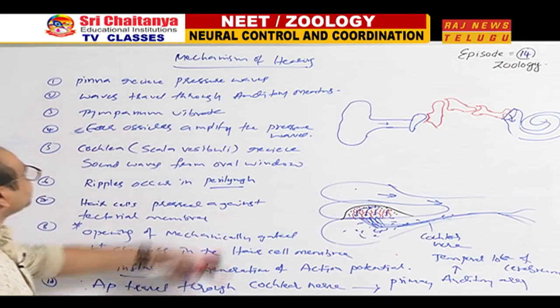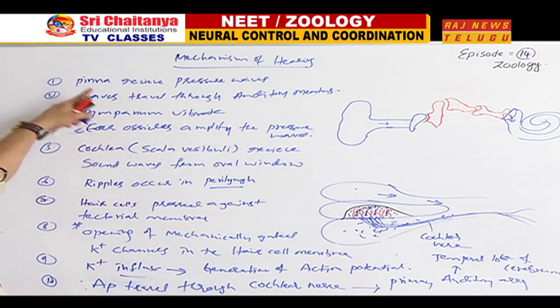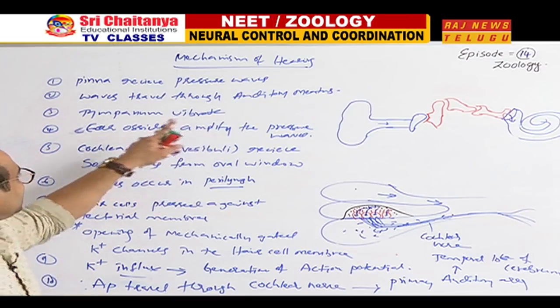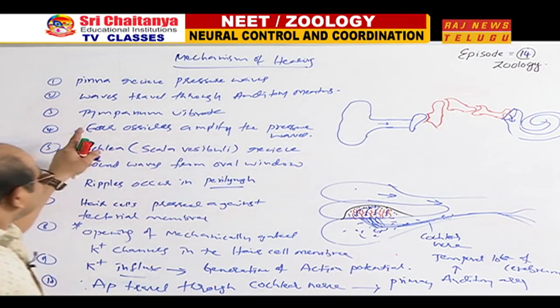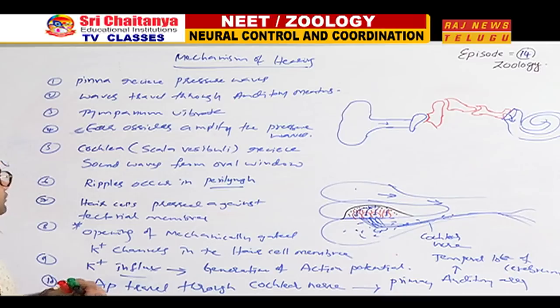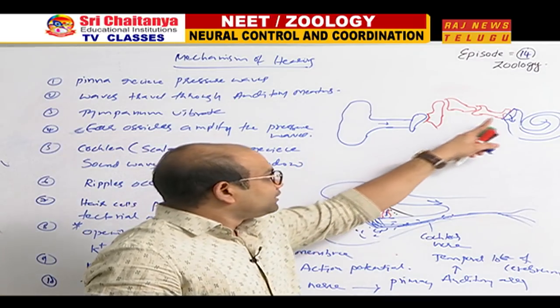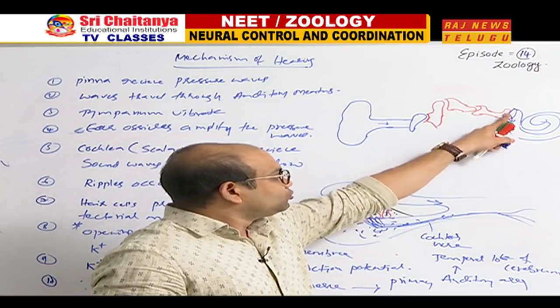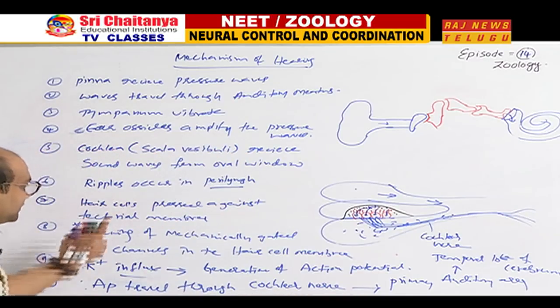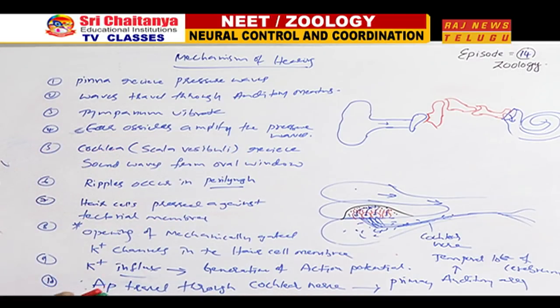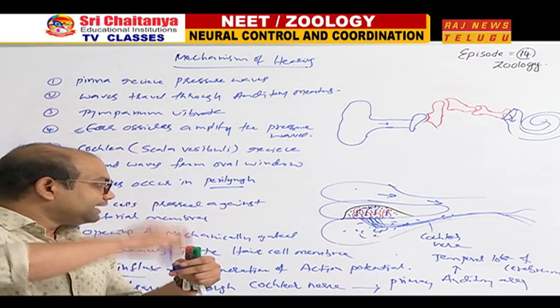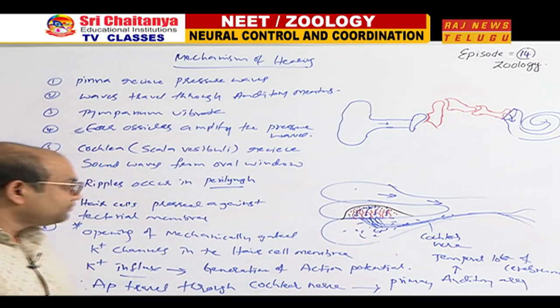So, this is about the mechanism. The pinna receives pressure waves, the waves travel through the auditory meatus, then the tympanum vibrates, and the ear ossicles amplify the pressure waves. Through the ear ossicles, the pressure waves enter the cochlea through the oval window. Then there are ripples in the fluid. Those ripples move the fluid up and down so that the hair cells are pressed against the tectorial membrane.